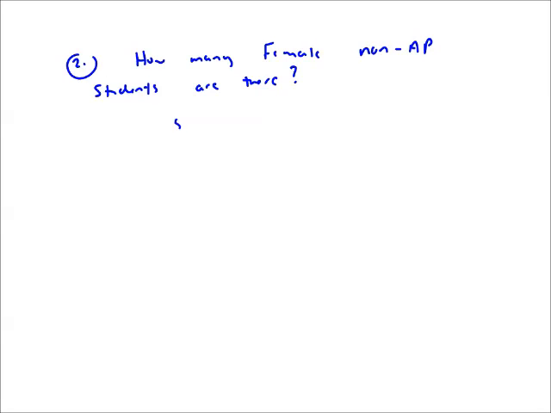Well, we have 58% that are female, and 38% of the females take an AP course, so not an AP course would be 100 minus 38, which is 62. And we can make that a decimal, so 0.58, 0.62, and we can multiply because we're assuming independence, and we get 0.3596.